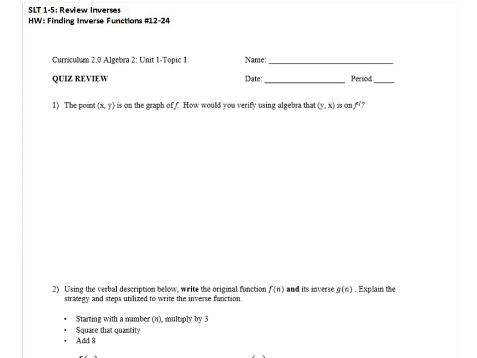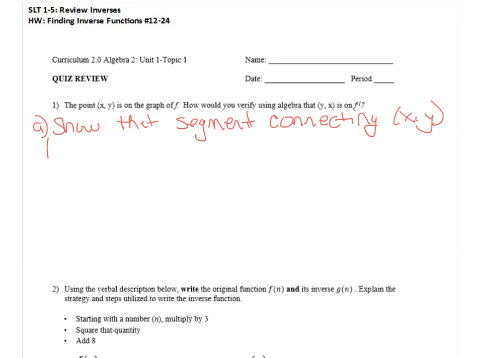Okay, so to prove using algebra that (x, y) is the original and (y, x) is the inverse, we have to do two things. First, we have to show that the segment connecting (x, y) to (y, x) is perpendicular to the line y equals x.